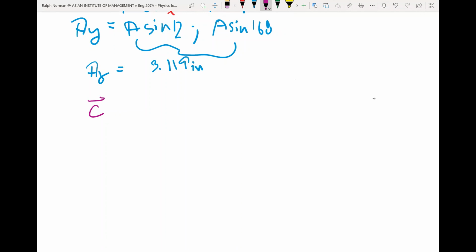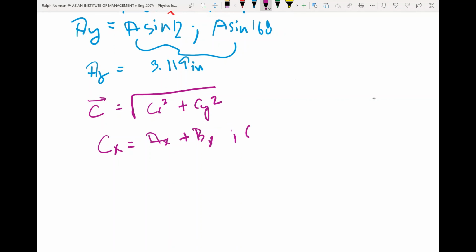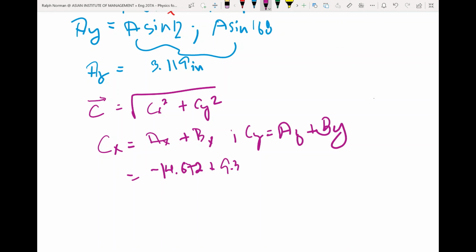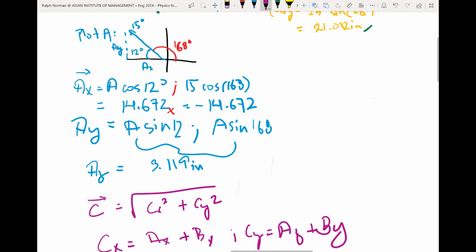So, CX here is the summation of AX, BX. CY here is just AY, BY. Okay, CX, if you gotta compute it and plug it together, is negative 14.672 plus BX of, what's my B? 9.355.